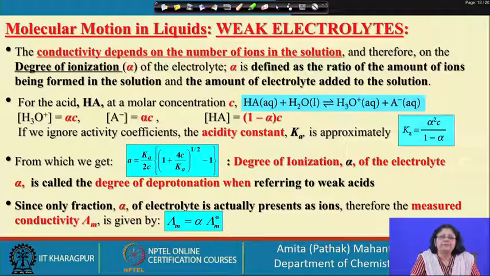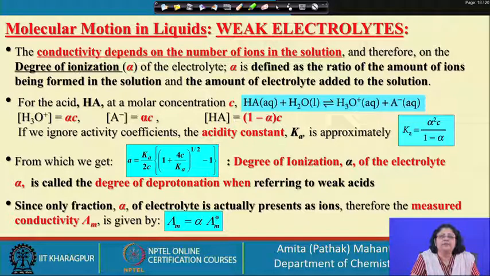Okay. So, what happens? The conductivity depends on the number of ions as well. One term which we just now discussed is the concentration, and another one is the number of ions. So, what is going to determine the number of ions?